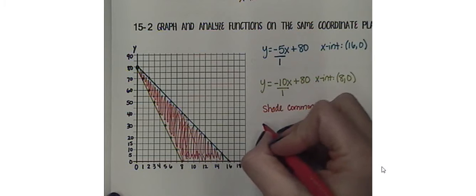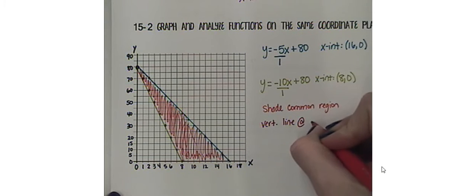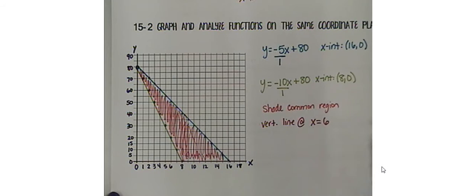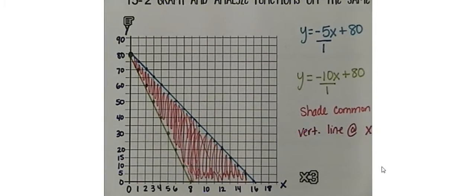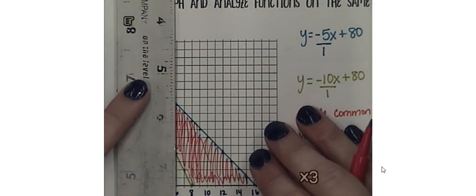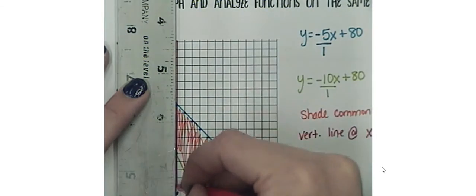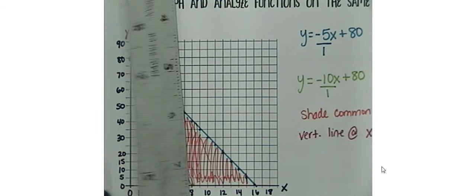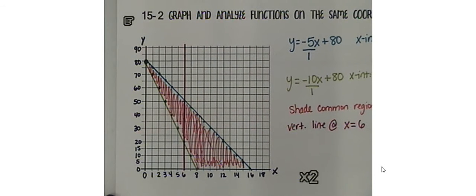And let's draw a vertical line at x equals 6. Okay, a vertical line at x equals 6. And what I want you to do is go ahead and write the inequality to represent all of the possibilities.